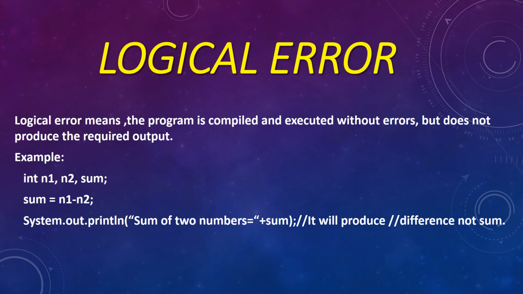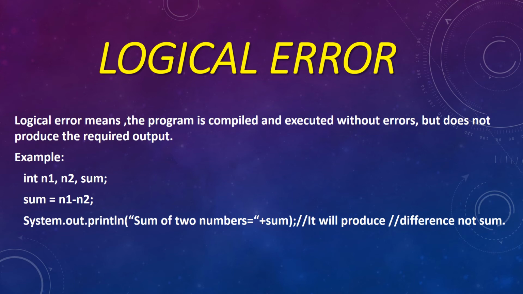It means there is a mistake in our logic. Suppose you have to find the area of a circle, and in the command you give the formula for the volume of a sphere. In this way the problem is in your logic. You don't know how to write the correct program, you don't know the way.